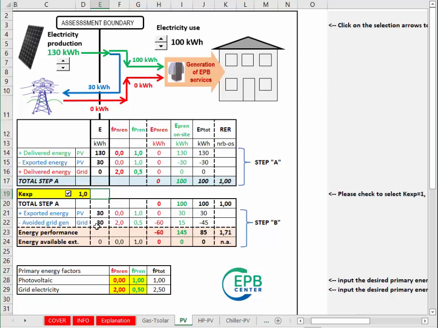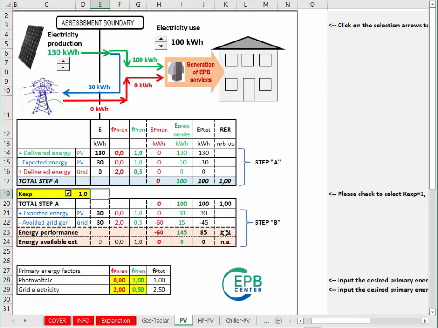So we get the resulting energy performance after taking into account the exported electricity. And the result for non-renewable primary energy is a negative value. And the renewable energy ratio is higher than 1 because we have produced more than what is needed inside the building.